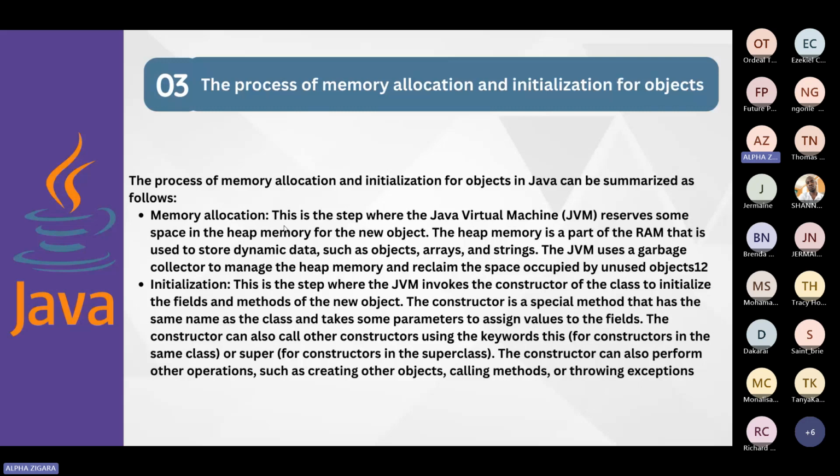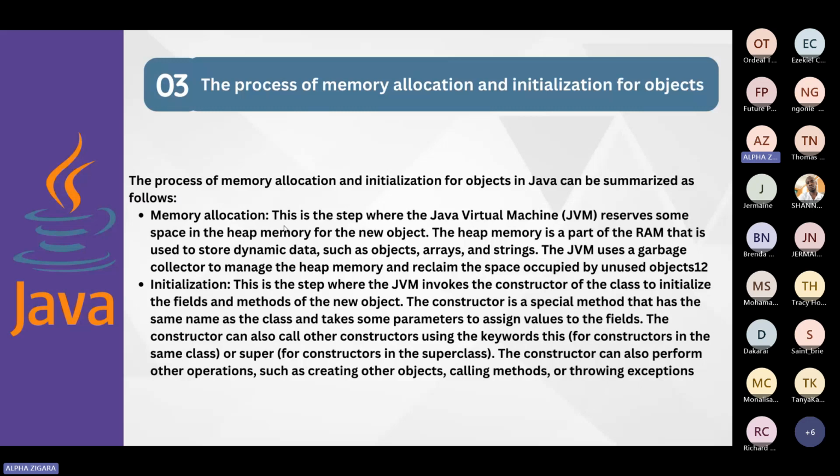I think we all understand when we say heap memory, from the previous courses we did, we were learning about how these memories work in programming, the heap and the stack. The heap memory is part of the RAM that is used to store dynamic data such as objects, arrays, and strings.